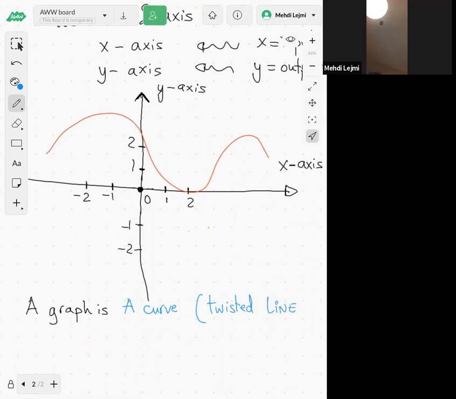It could also be a straight line. Some twisted line, okay? And this curve, or this graph, possibly represents a function.